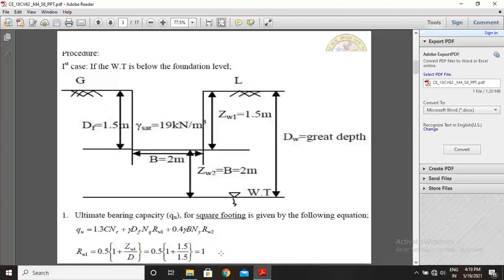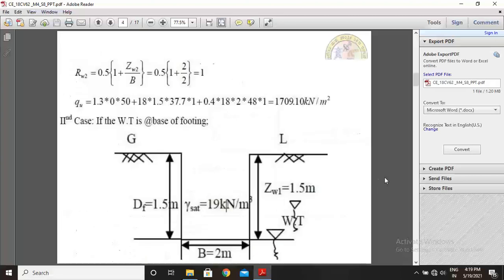We are getting answer as 1 for RW1. Calculate RW2 equal to 0.5 times 1 plus ZW2 by B. Now substitute the value in this equation. 0.5 into 1 plus ZW2 is 2, B is 2. So after calculating, we are getting 1.